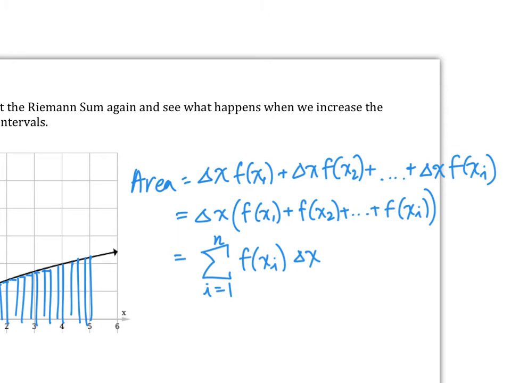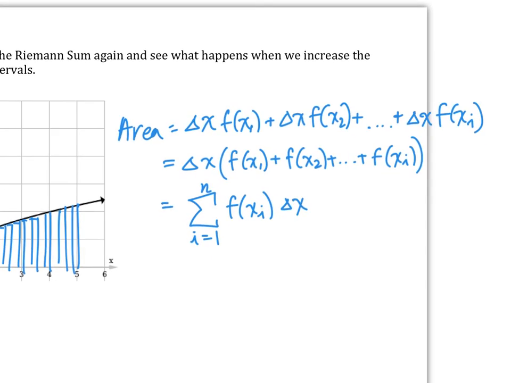That's if you have a finite sum of rectangles, right? What if you're going to do this infinitely? Then you would say it's the limit as n goes to infinity of this same sum.